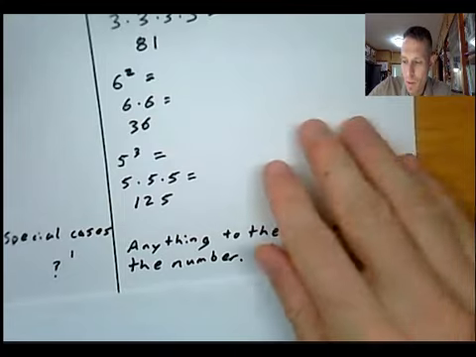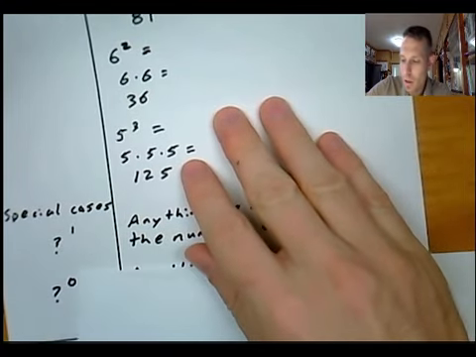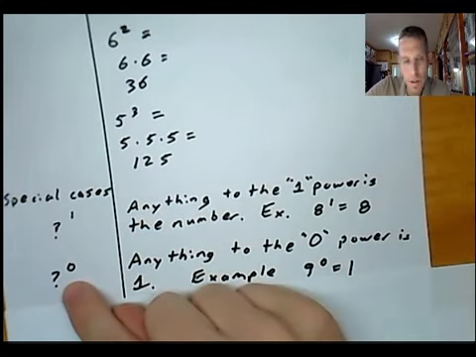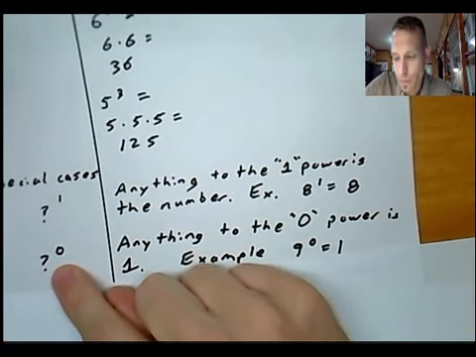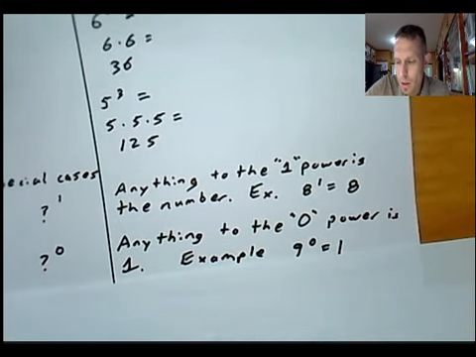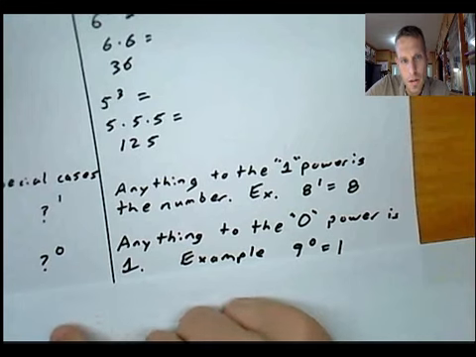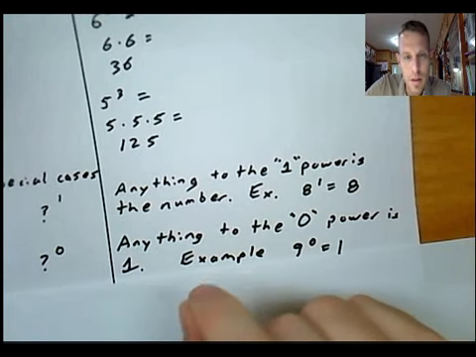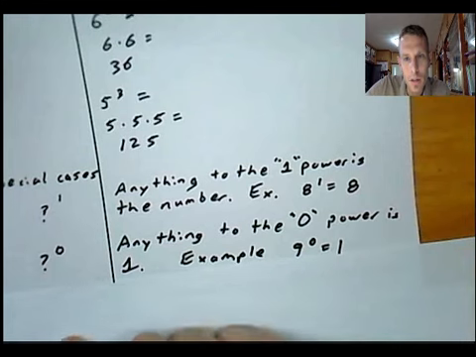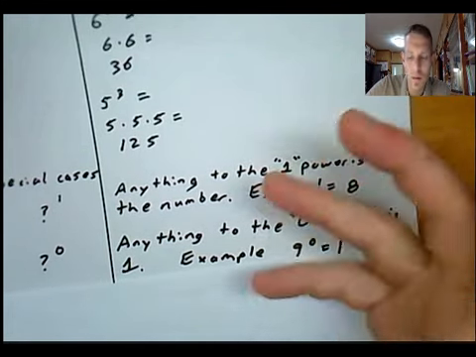Now, interestingly enough, a number to the 0 power is a little unique. It's not 0. If you had 0 to the 5th power, well, 0 times 0 times 0 times 0 times 0 would be 0. So that would be fine.